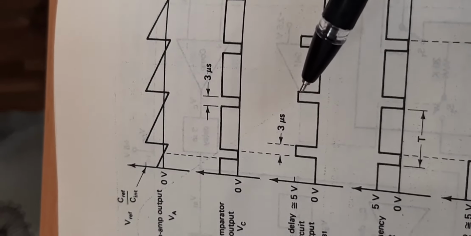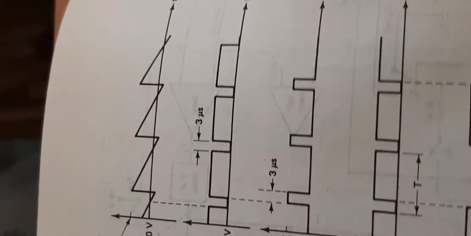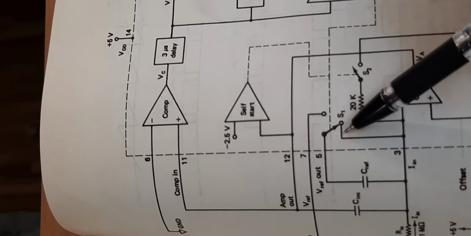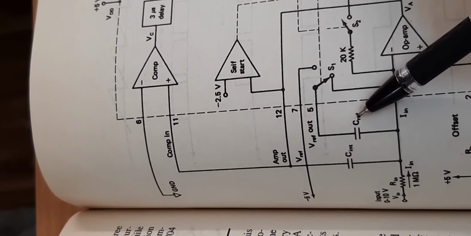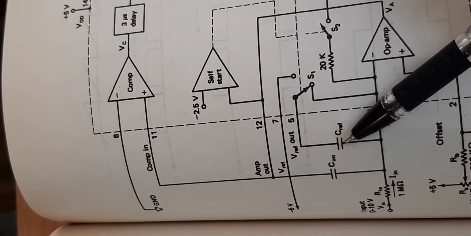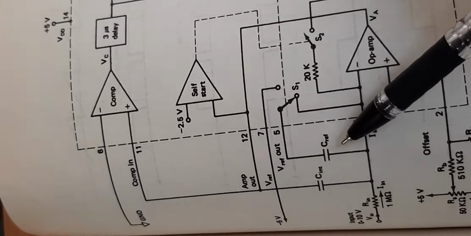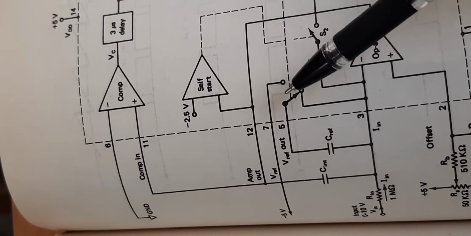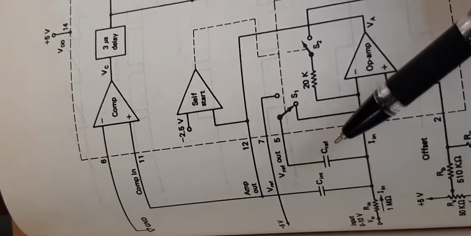When VB1 goes high, it will activate this C reference charge discharge. So this switch is connected to here, and the capacitor will suddenly charge to this minus 5 voltage through the path I already told.